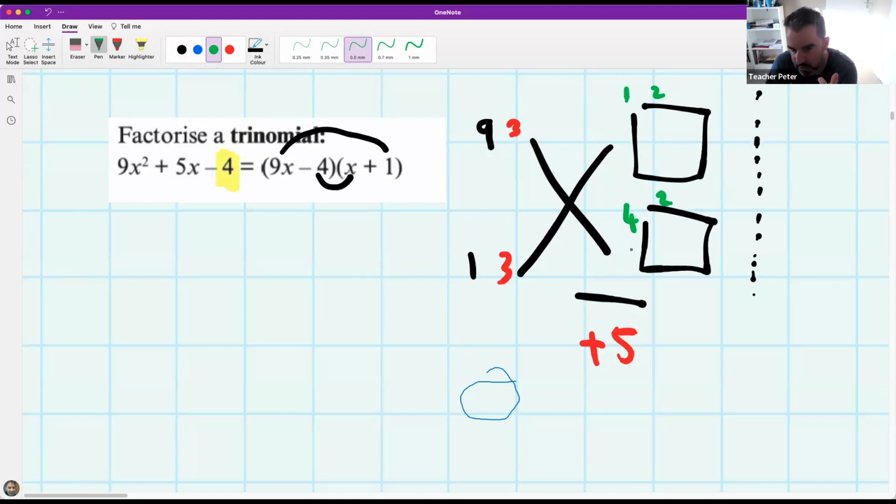But when we multiply out, we have to end up with a plus 5. So let's just try out some stuff. Which options should we go for here? Well, I think the 4 and 1 is a good thing to try.